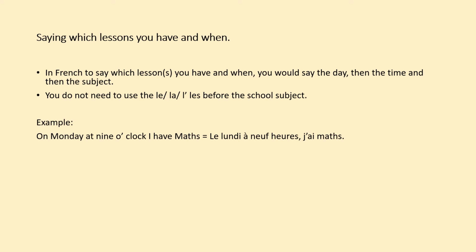So for example, to say on Monday at 9 o'clock I have maths, you would say le lundi à 9 heures, j'ai maths. Écoutez et répétez. Le lundi à 9 heures, j'ai maths. Très bien. To say what you have then at 10 o'clock, I have English, you'd say puis à 10 heures, j'ai anglais.